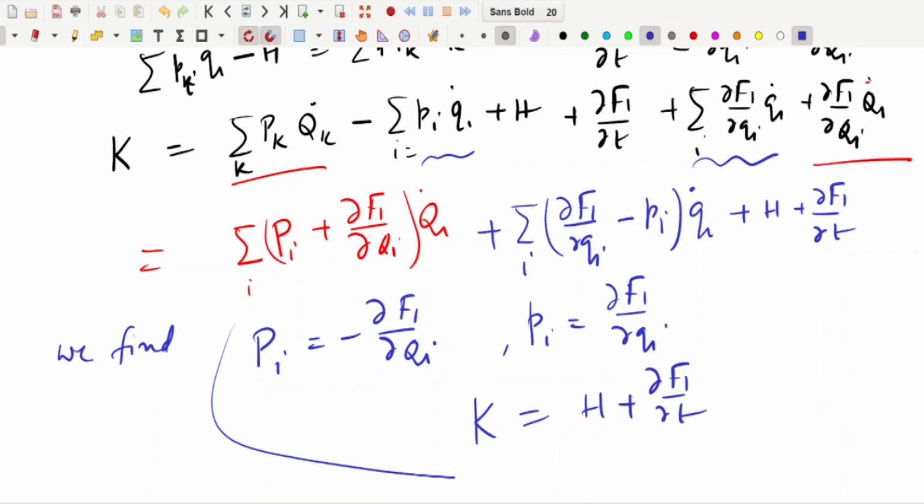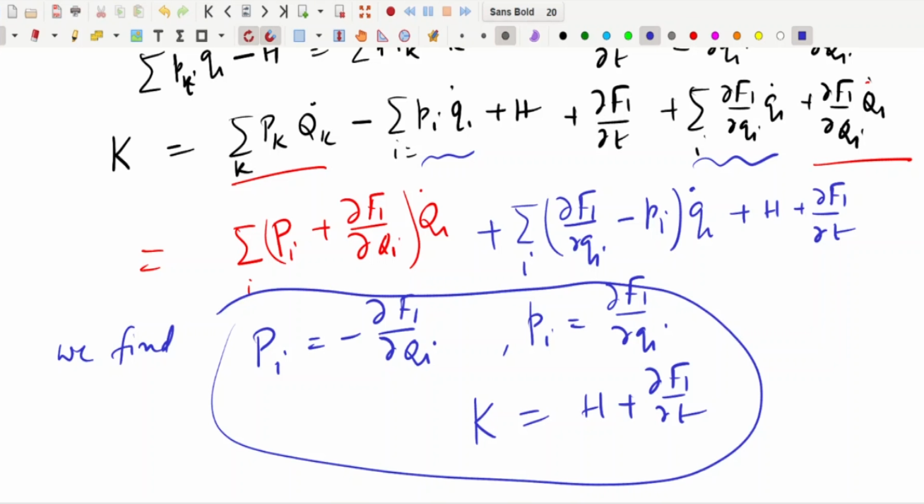So we find how the transformation can be generated; the condition we will see later. So we find that f1 can generate a transformation.